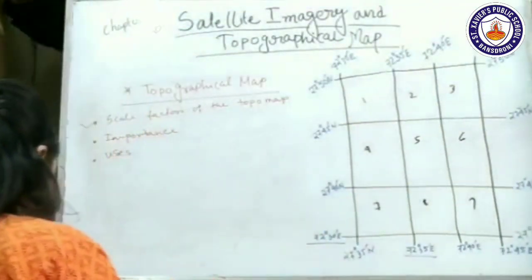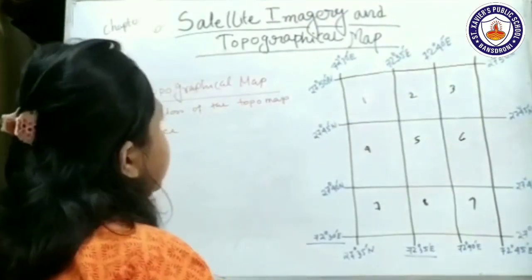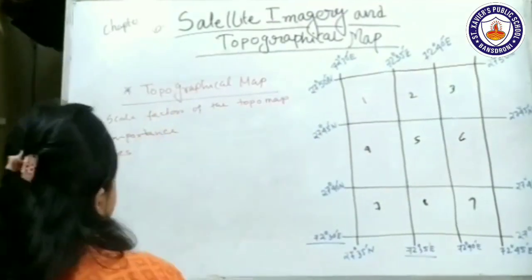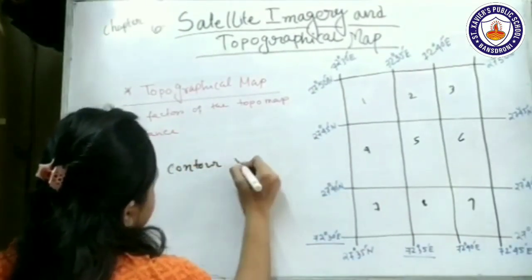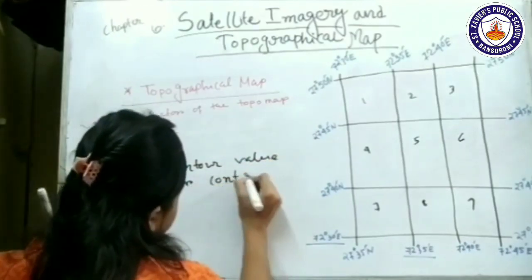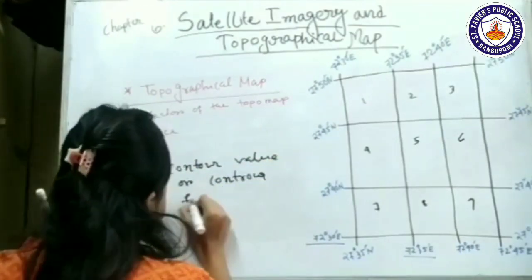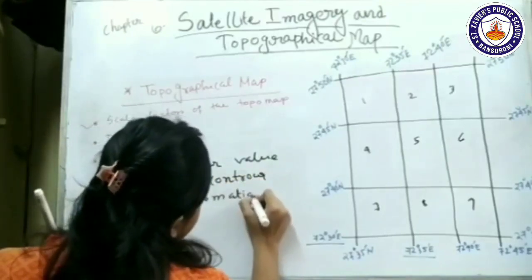And one more thing which is very vital for the topographical map is the contour value, or contour formation. So what do we mean by contour?